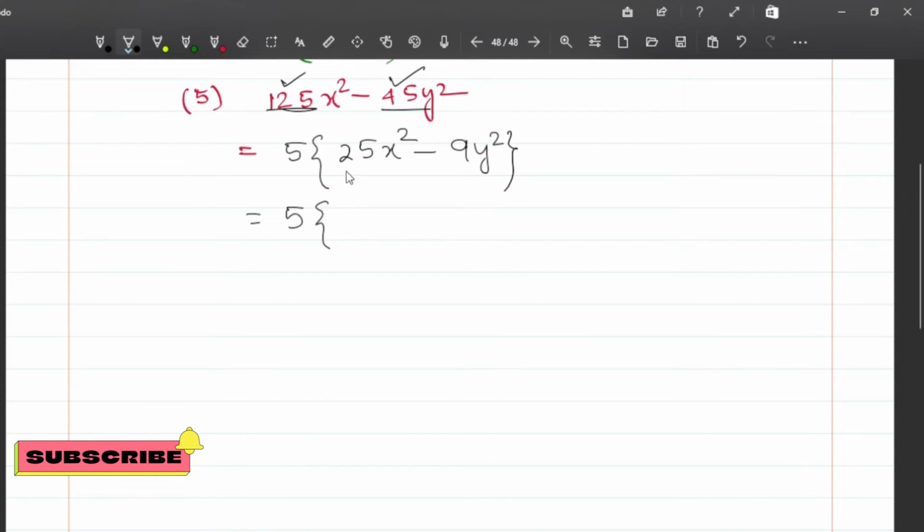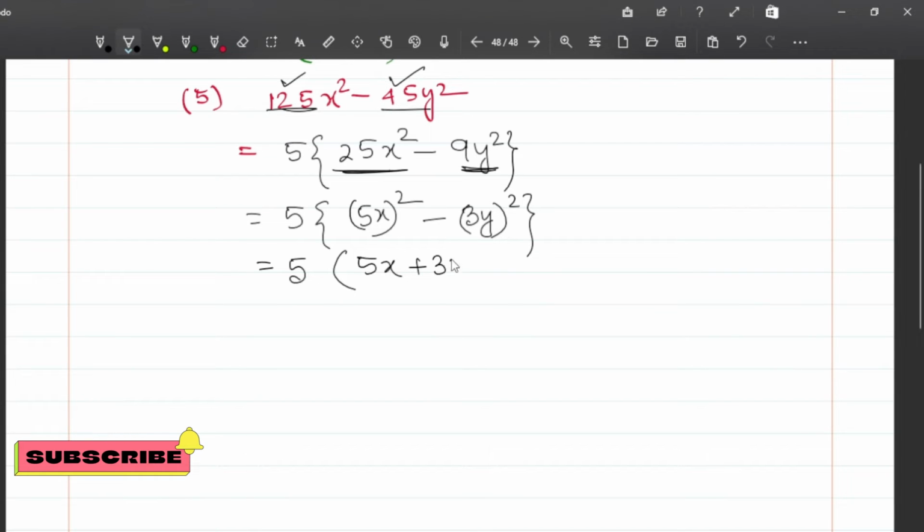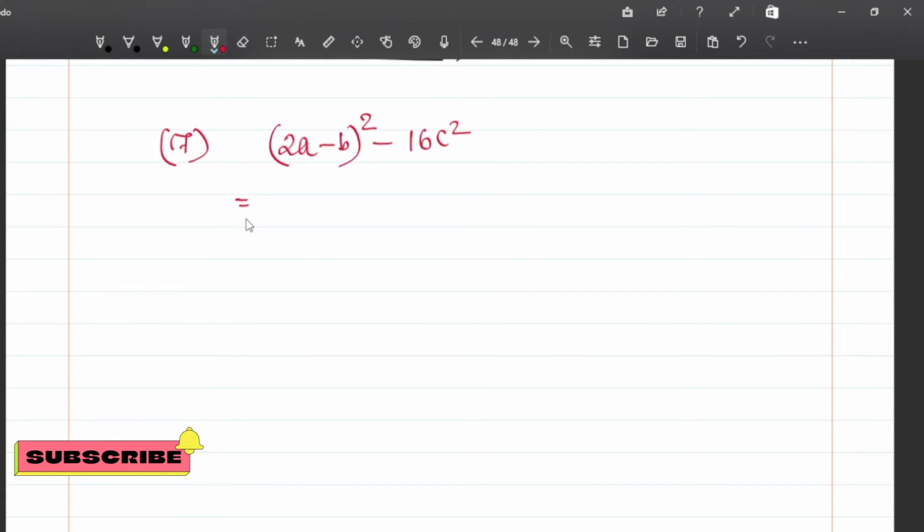You can write 5x whole square instead of 25x square, and in place of 9y square you can write 3y whole square. Again expand with the formula, 5x as a and 3y as b, and that is your three factors actually. Number 6 is the same, so do it at your home.